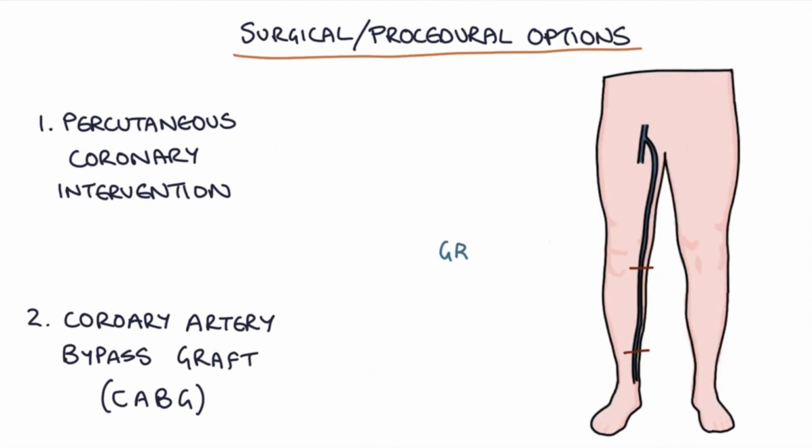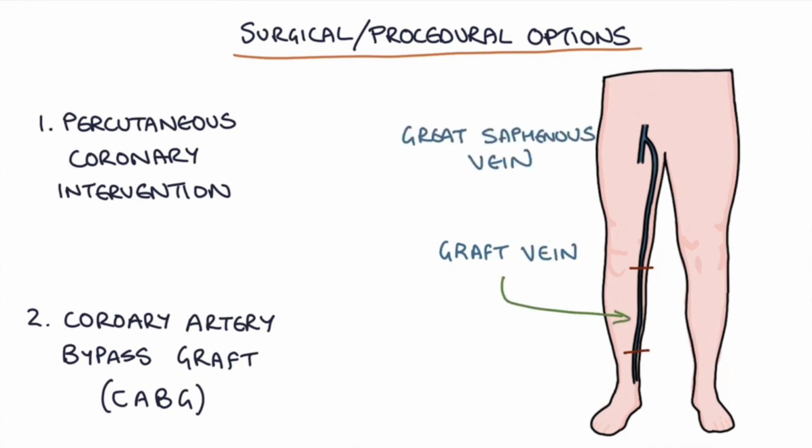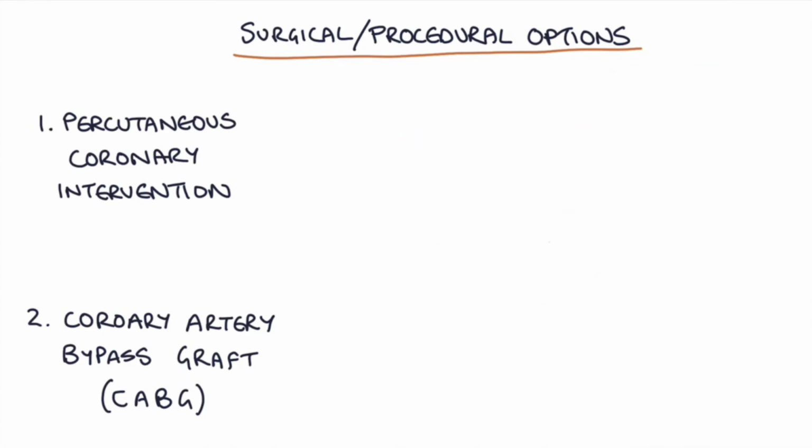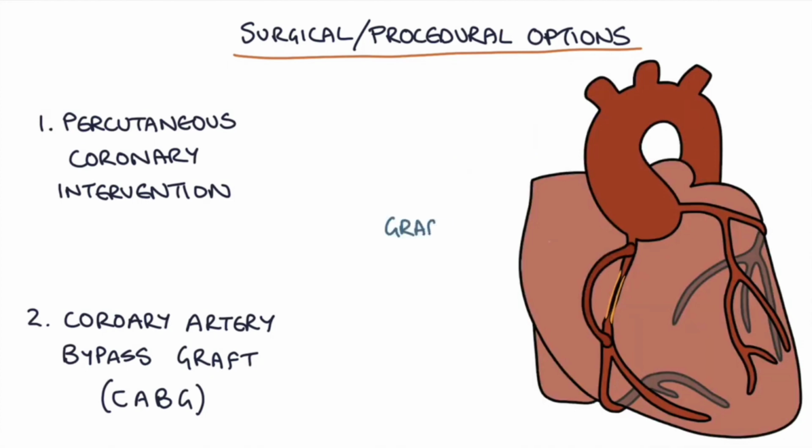And then they take a graft vein from the patient's legs, usually the great saphenous vein, and they sew this graft vein on to the affected coronary artery in a way that bypasses the stenosis in that artery.